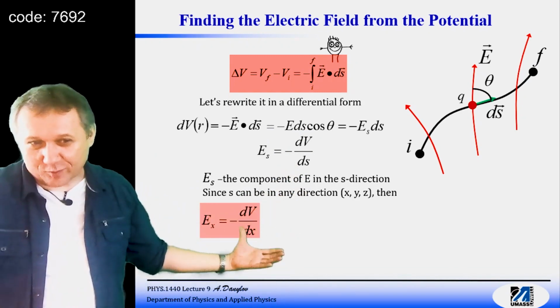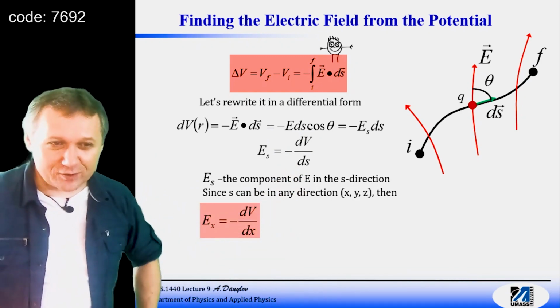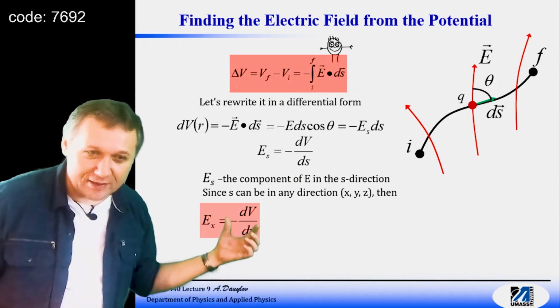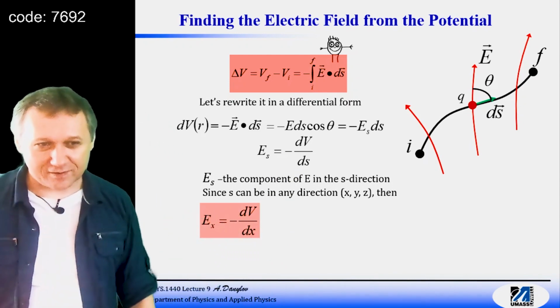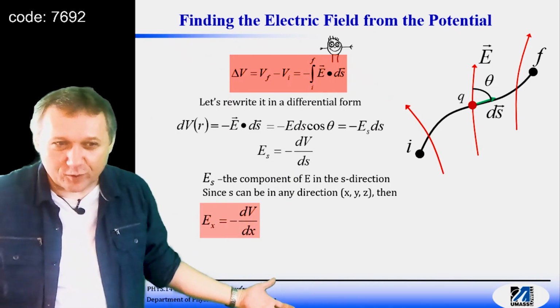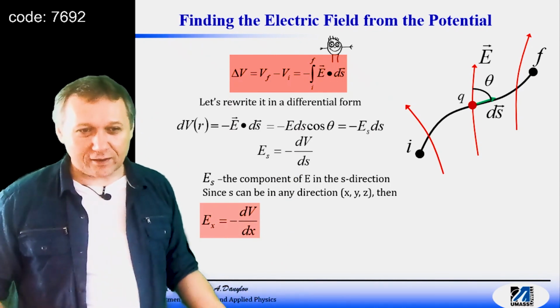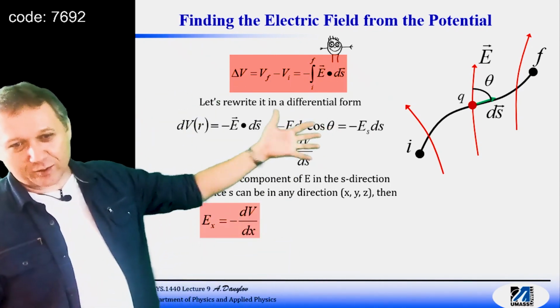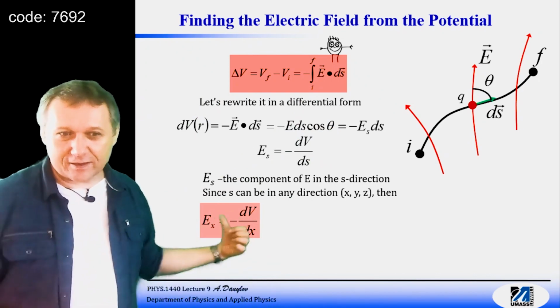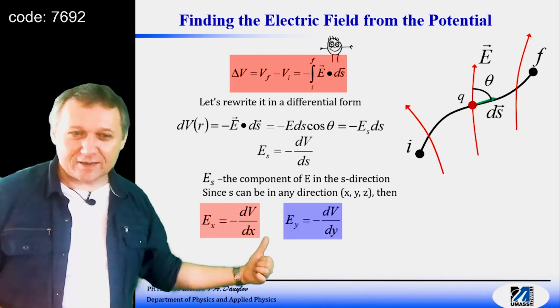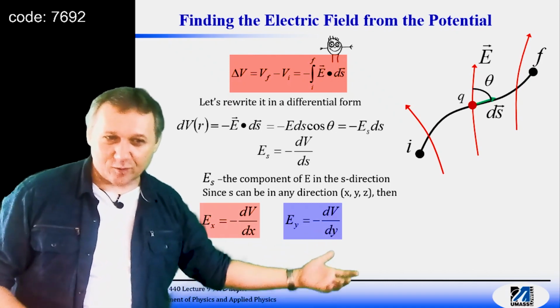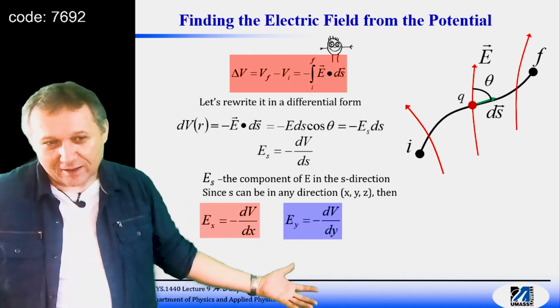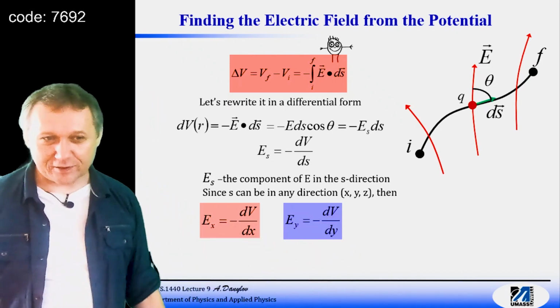s is arbitrary. So now I'm getting the formula which will allow me to calculate the x component of the electric field. Now, using the same words, I can say I want to align my s direction along y. And as a result, I will get the second formula, E sub y equals minus dV over dy. And guess how I'm going to get the last formula for the z component?